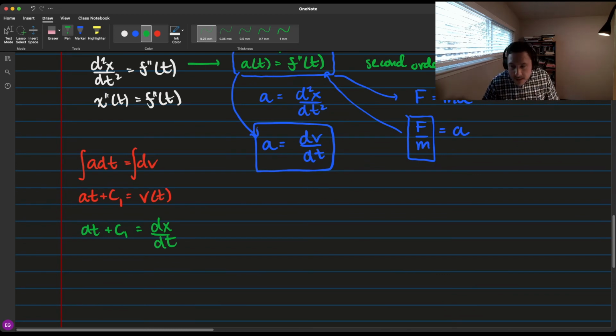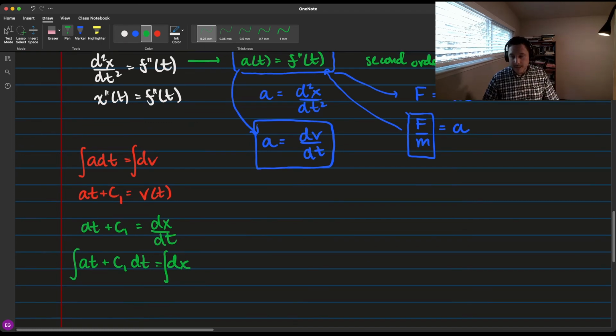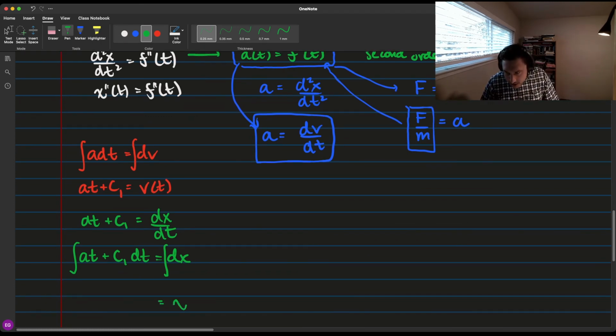You can multiply both sides by dt, so you get (acceleration times time plus c1) dt equals dx. You can now integrate. On the right hand side you now get the function that you wanted to solve for, position as a function of time, x(t). On the left hand side you get a t squared over 2.